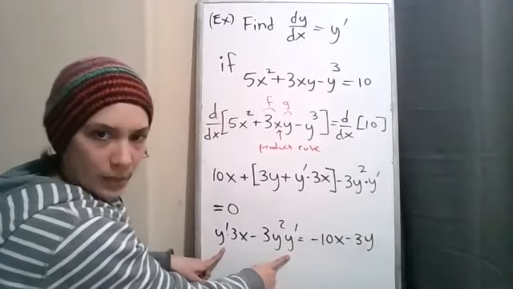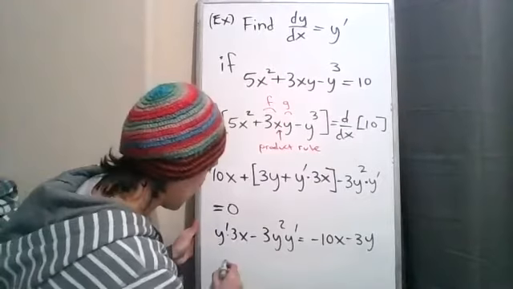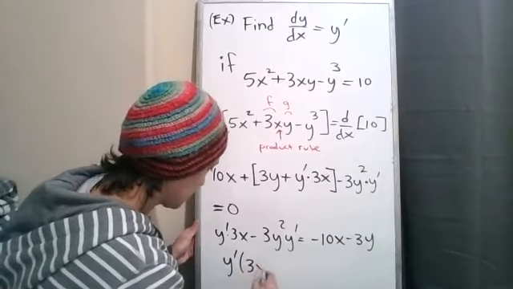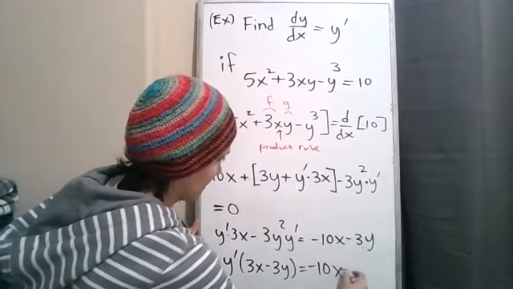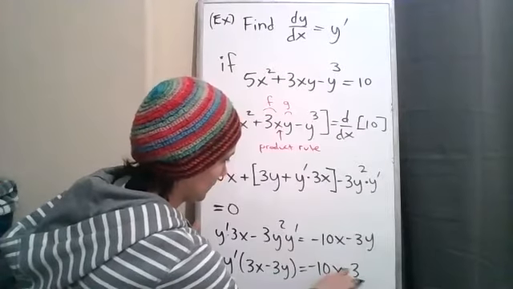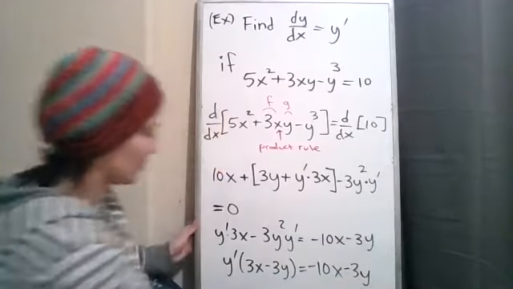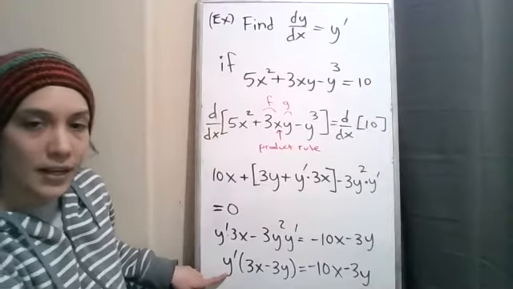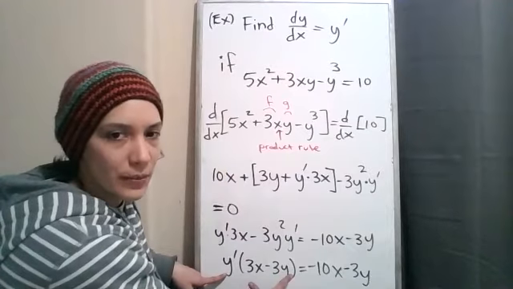So we want to factor y prime out of that side. Solve for y prime by dividing both sides by that factor, 3x minus 3y squared.